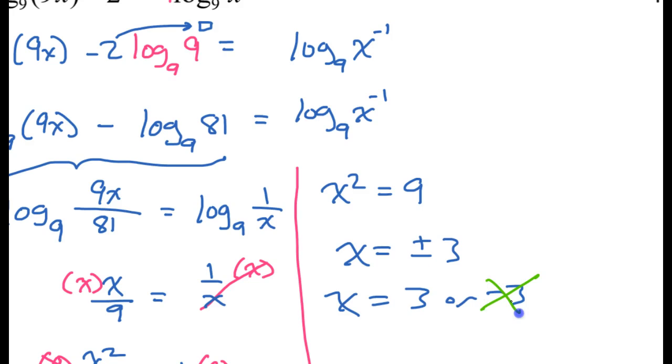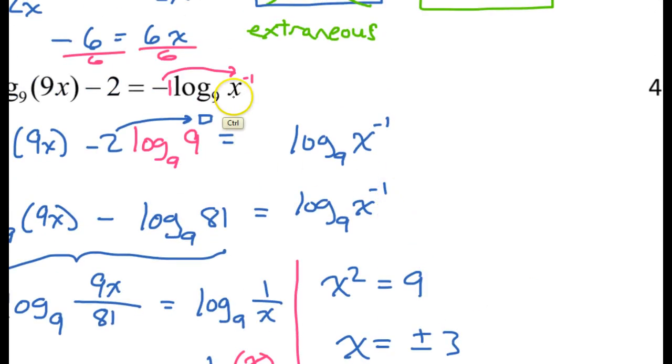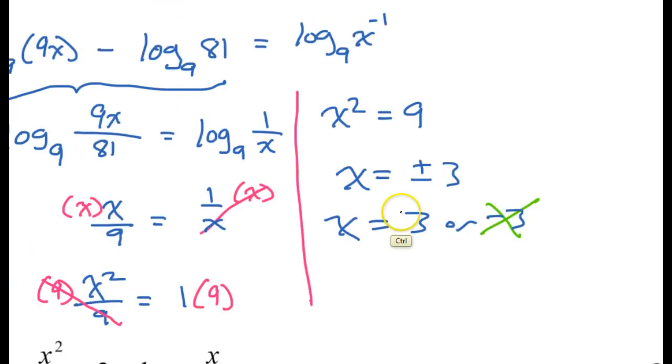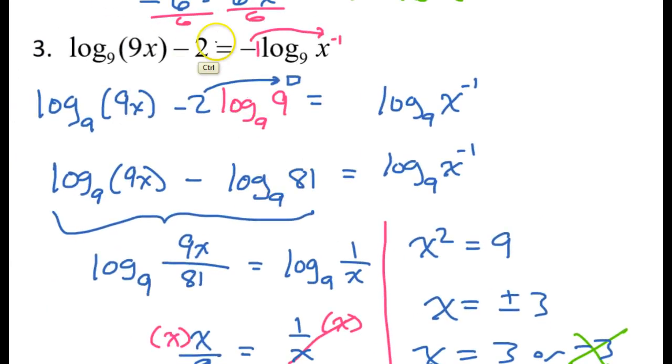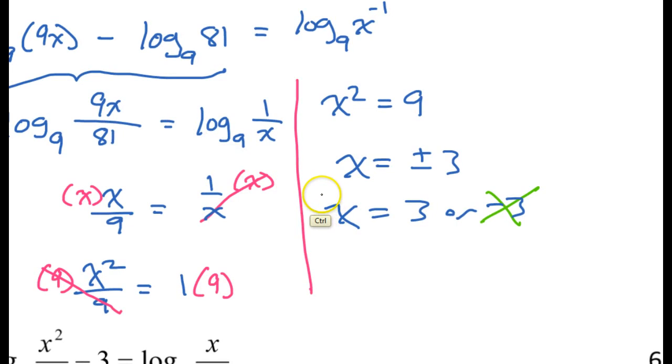And put a big ol' x through that one, because I mean this alone, I just have log base 9 of x, so x cannot be negative 3. That's a log of a negative number. But positive 3 is okay. Alright, 9 times 3, positive 27, everything's fine. So x equals 3 is our only solution.